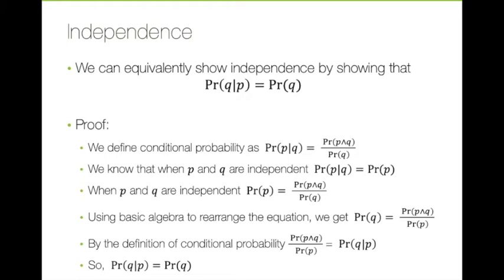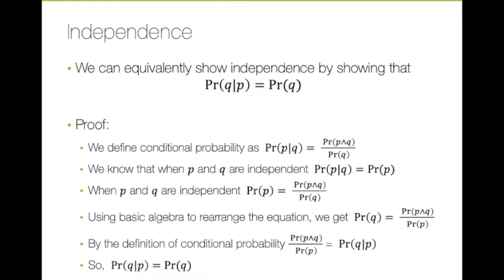When P and Q are independent, the probability of P is equal to the probability of P and Q over the probability of Q. Now we want to focus on the probability of Q and eventually show that it's equal to the probability of Q given P. So to focus on the probability of Q, we need to rearrange our equations slightly, and that just requires some basic algebra, multiplying probabilities and dividing by probabilities.